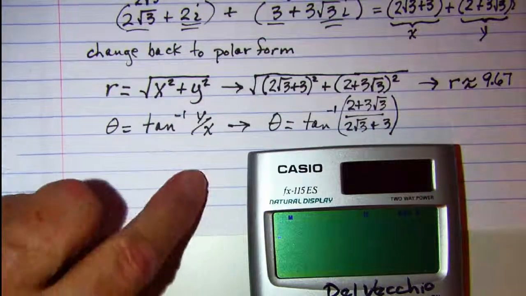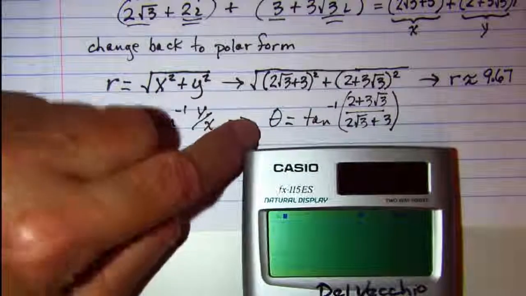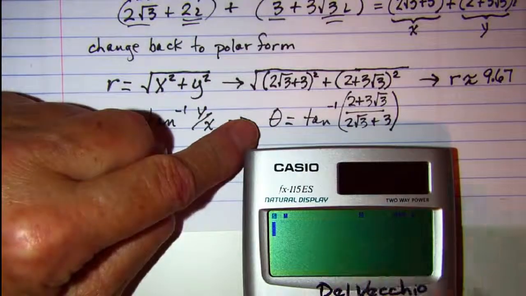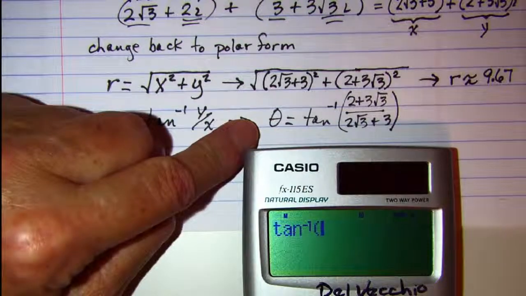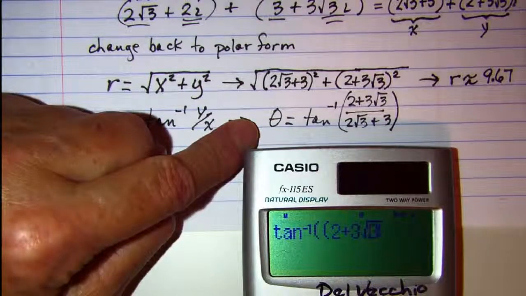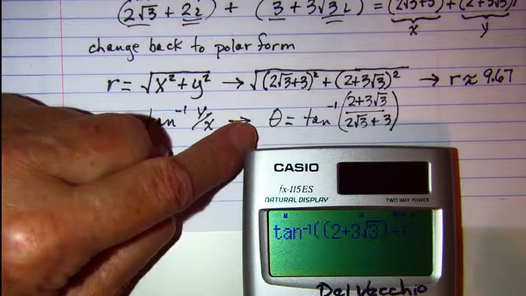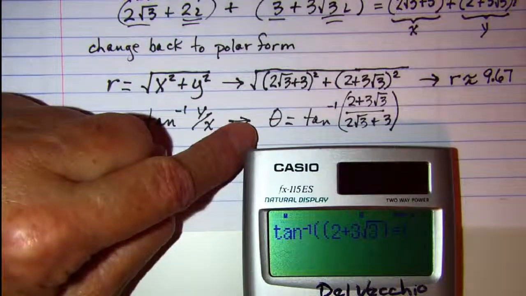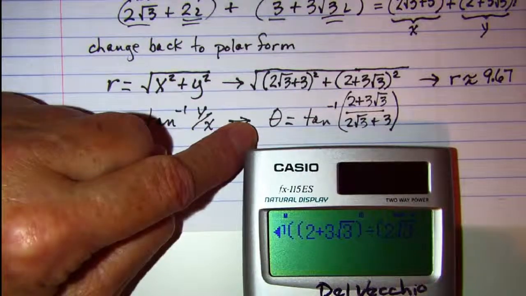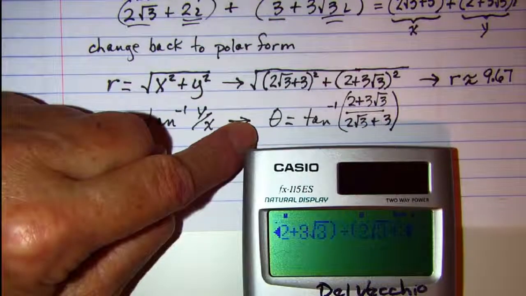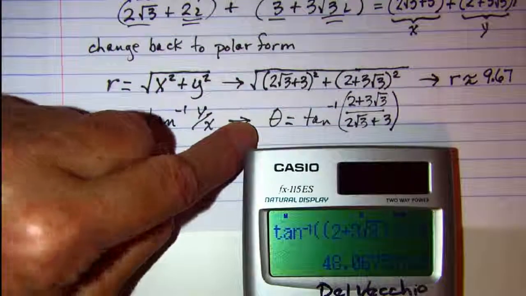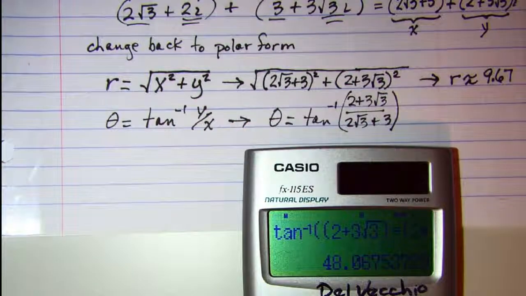And theta, we want arctan of the quantity 2 plus 3 root 3 divided by the quantity 2 root 3 plus 3. And that angle is 48.1.